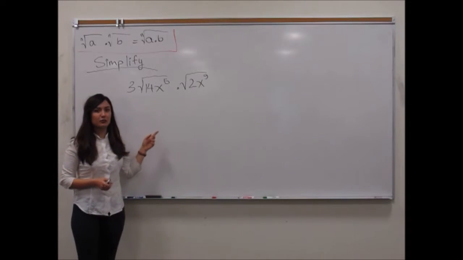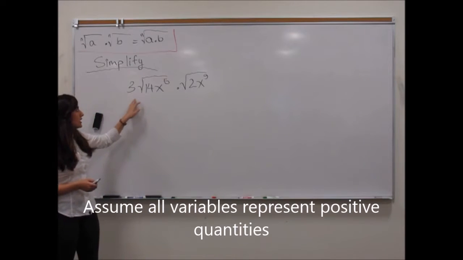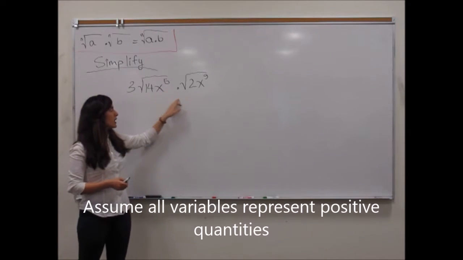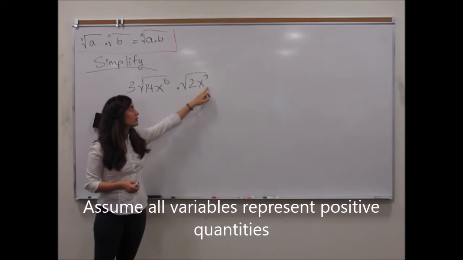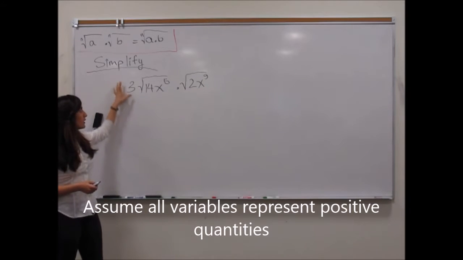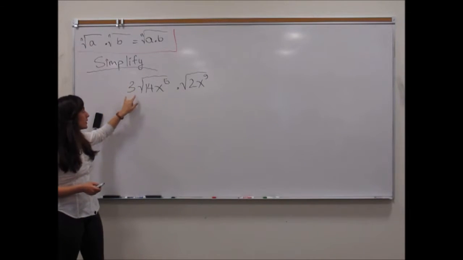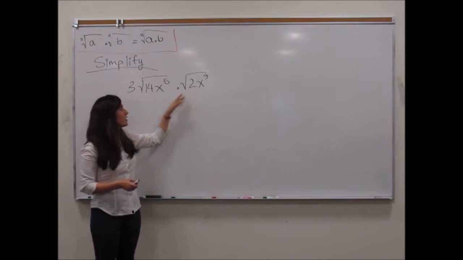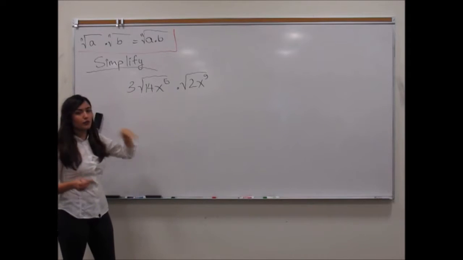Alright, here I have an example that has variables in it. 3 rad 14x to the 5th times rad 2x to the 9th. So first of all, I have to multiply the coefficients. The coefficient of this one is 3, the coefficient of this one is 1. We don't write that. So 3 times 1 is just 3.